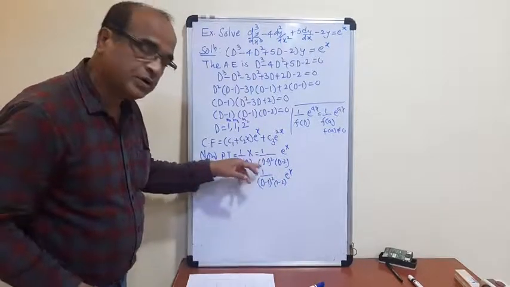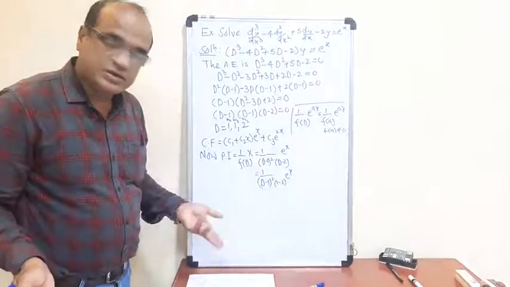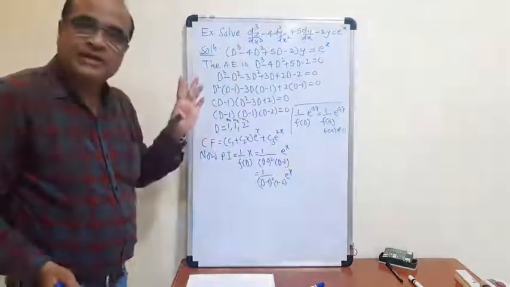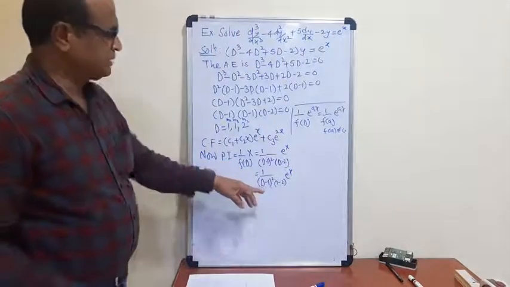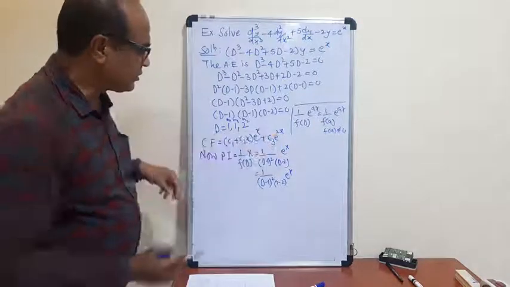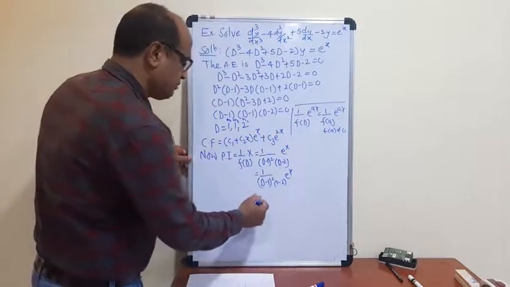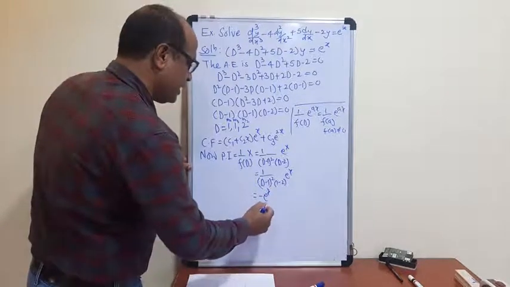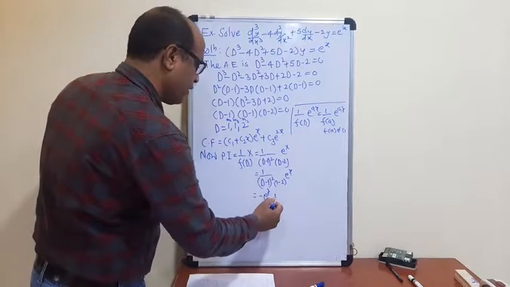Because if we put D is equal to 1, then 1 minus 1 is 0, so 1 upon 0, and the method fails. So we just put D is equal to 1 in the remaining factor. So this is equal to minus e raised to x, divided by (D minus 1) square.